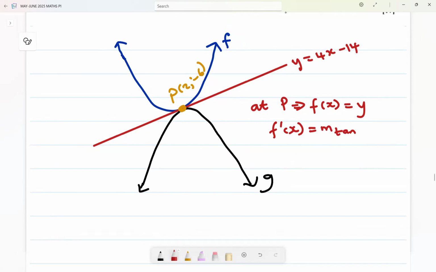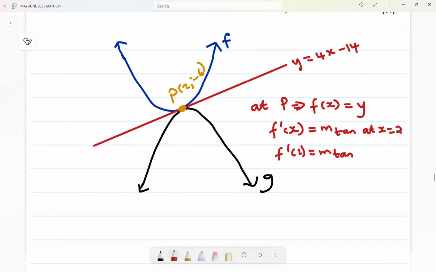When I derive f, it is just the derivative of the whole function. But I know that the gradient of f at this point is equal to the gradient of the tangent. So at x equal to 2, f prime of 2 is equal to m, the gradient.